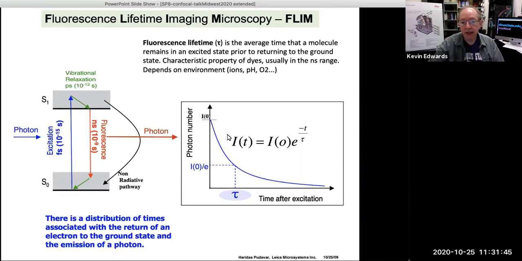That gives you a decay curve. This is a bit like radioactive decay. You have a certain half-life before the dye gives up its photon as an emission. Based on this, the computer will calculate a value called tau, which would be the typical lifetime, typical timing before the dye gives off its photon.